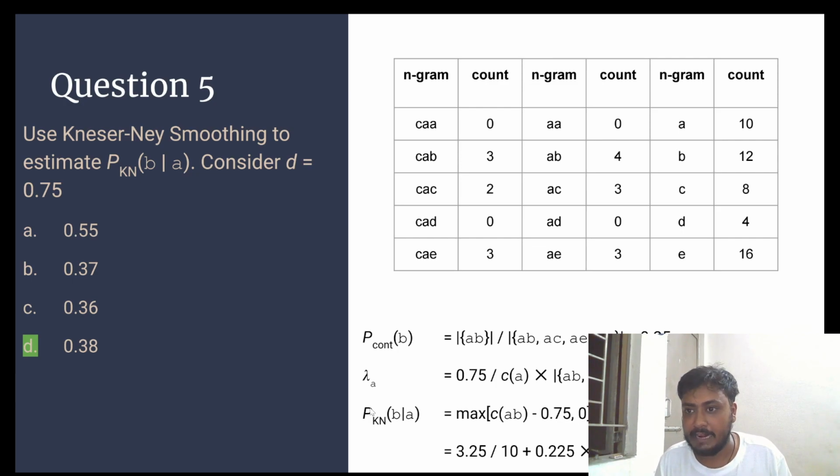And how to get the individual weights? Well, the sum of all trigrams and bigrams that begin with a particular context will be 1. Like the probability of anything given A, if you sum up all those probabilities, you will get 1. Like summing up the probability of anything given CA, that will give 1.